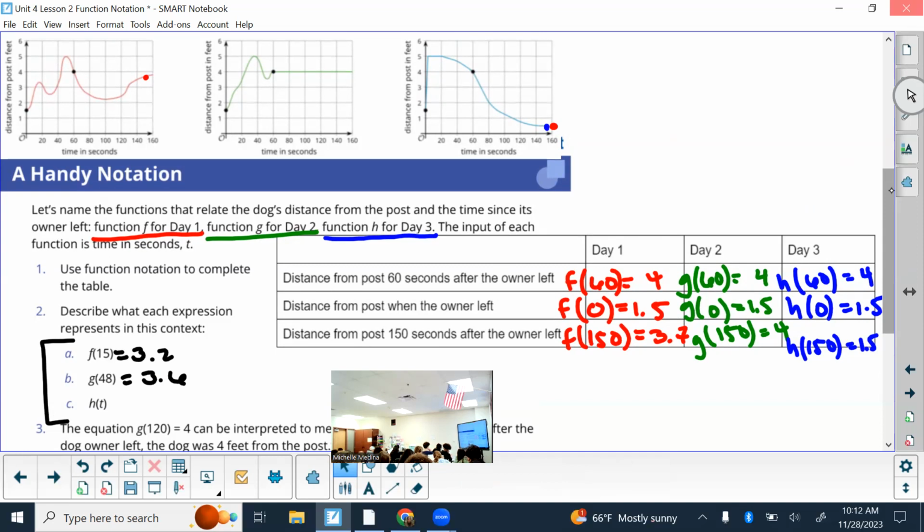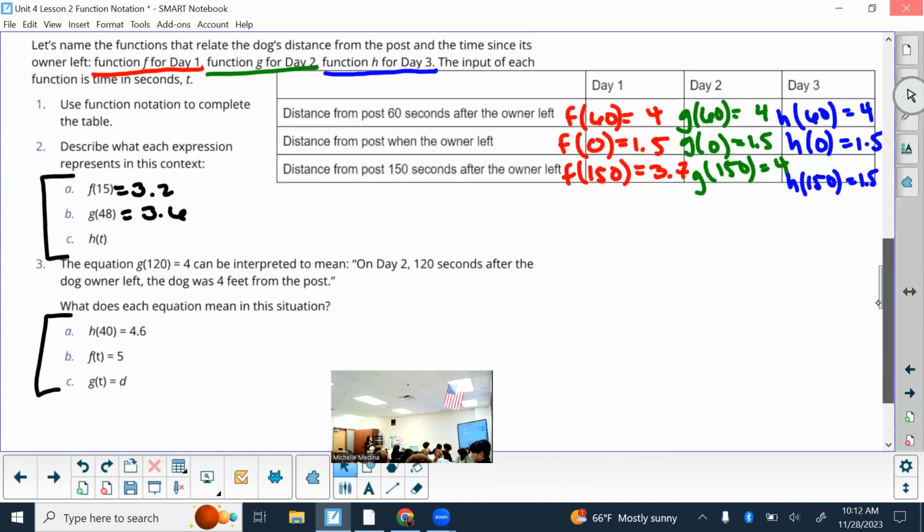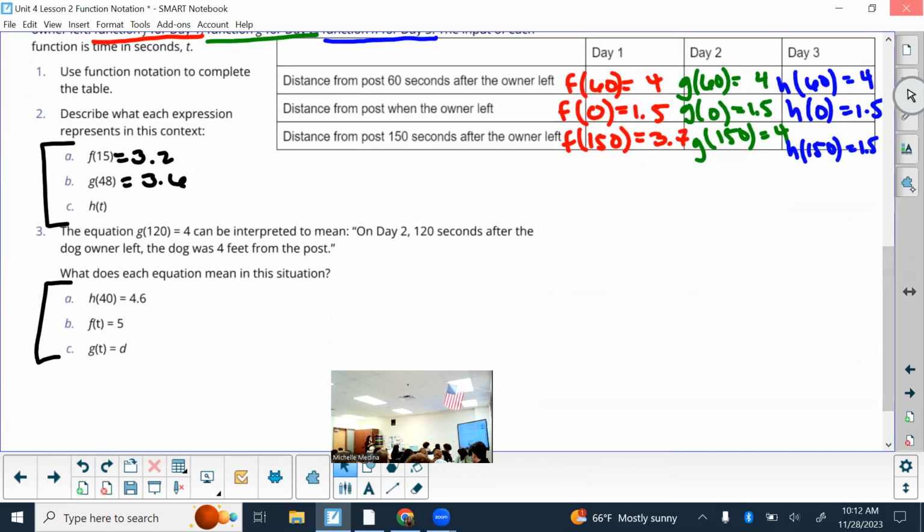Eventually you'll look at tables, at equations, and you'll have to solve for inputs and outputs in function notation. But for this set of them, let's look at B, this one, where it says F of T equals 5. So on this one, they're giving us the output.